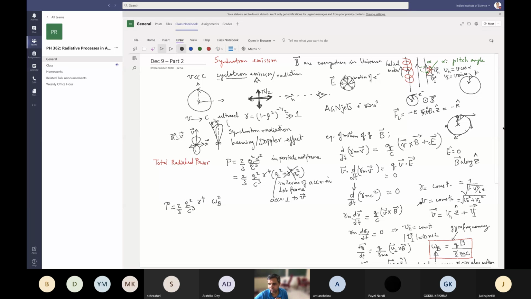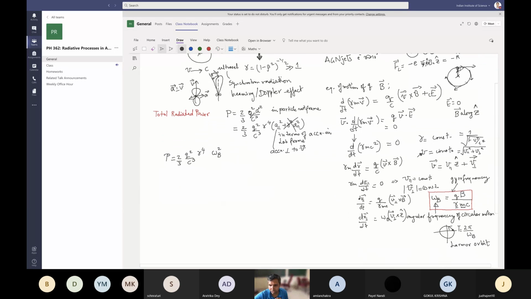Let's see, where is our equation? This is dv/dt, this is A perp, and this is A parallel. So what is the magnitude of A perp? It is omega b v perp, because v perp and z are perpendicular, so that's the magnitude. And A parallel is 0, that's why we set this to 0.